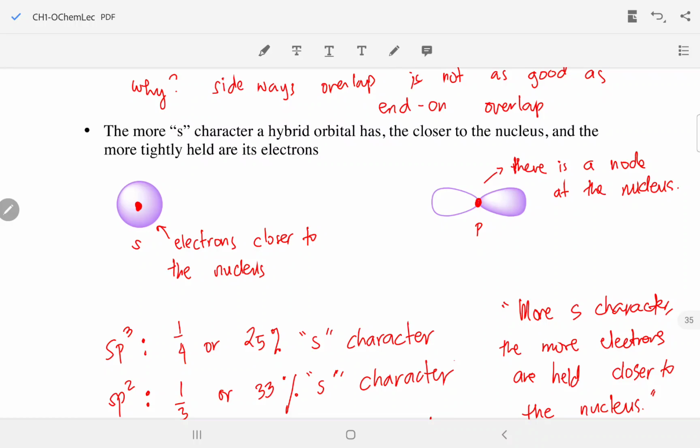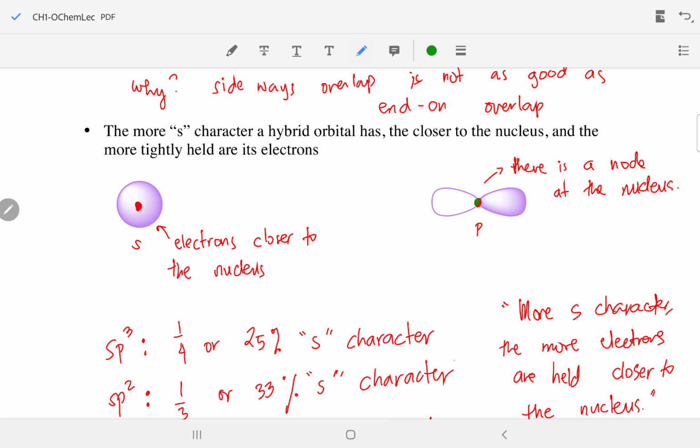And I will introduce to you the concept of s character for hybrid orbitals. Hybrid orbitals meaning sp, sp2, and sp3. The closer to the nucleus, the more tightly held are its electrons. The s orbital is closer to the nucleus. There is no node in an s orbital, but for p orbitals there is a nodal region where there is no electron density.